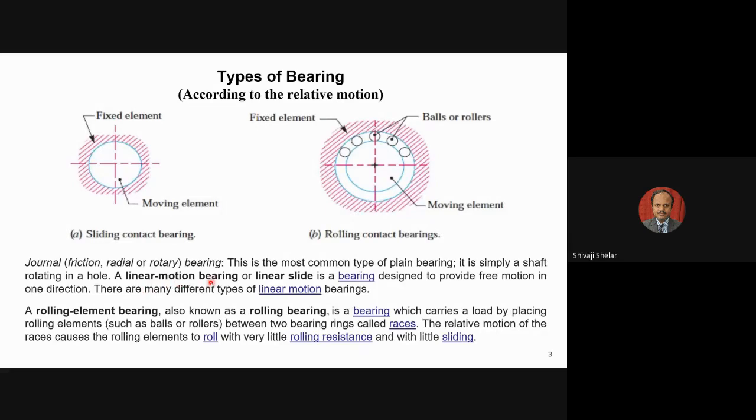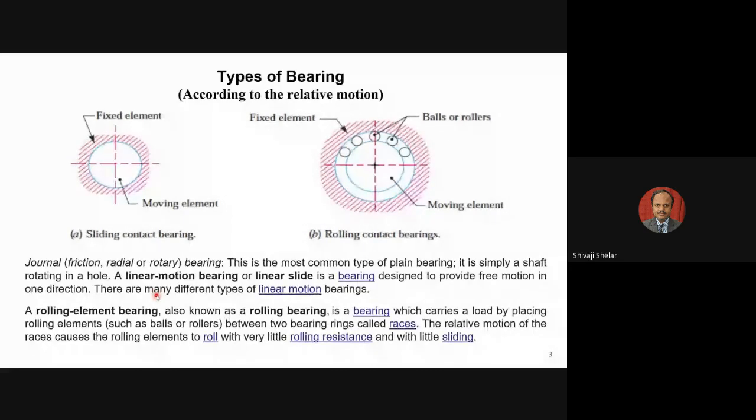I also discussed linear motion bearing, normally a linear slide. It is called a linear bearing. It is designed to provide free motion in one direction, that is axial motion. Suppose you are providing a pathway for the motion of an object from one place to another.